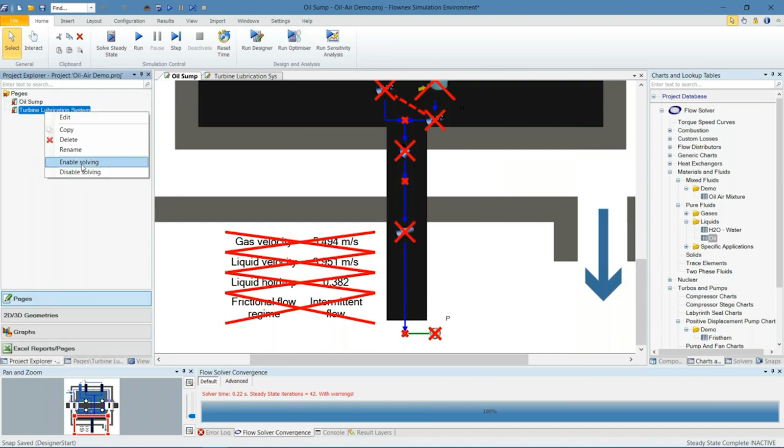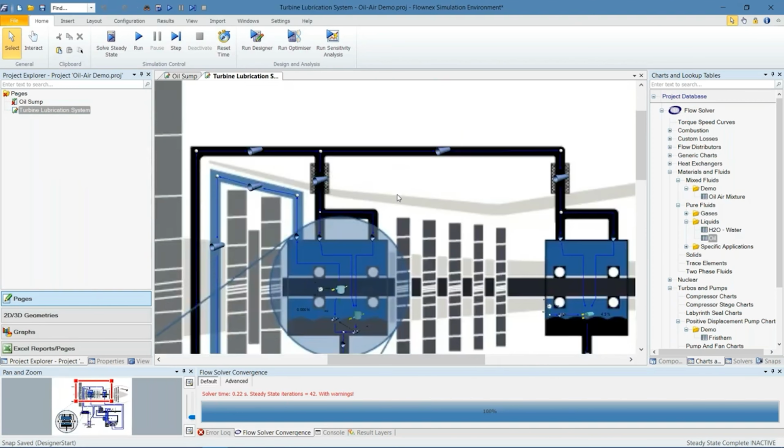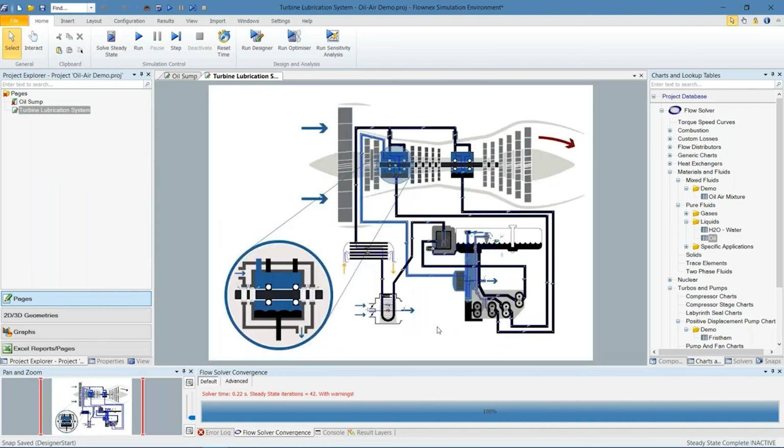Okay, so if we then move on and put this into a large system, what I have over here is a simple demo for a typical gas turbine lubrication system. We have two bearing sumps. I've just chosen two to keep the model as simple as possible. We have an oil filter.